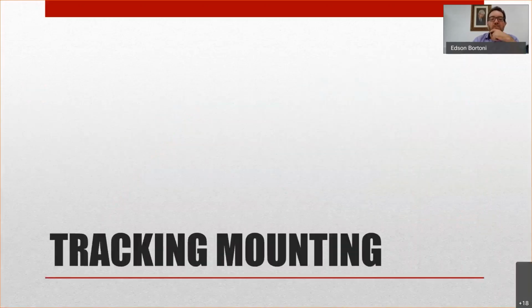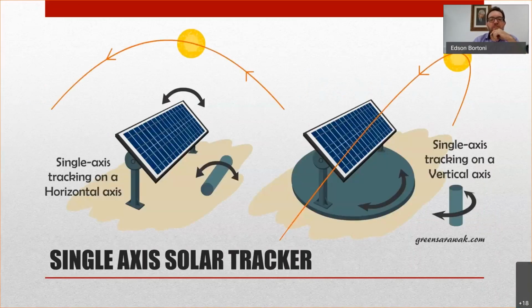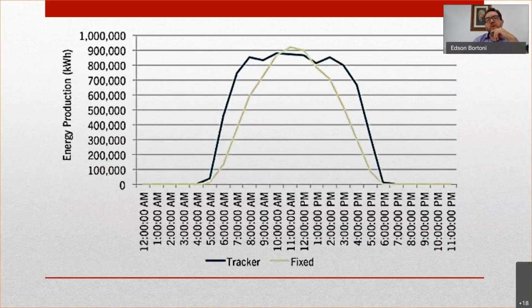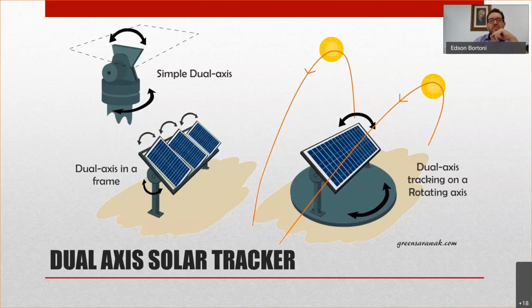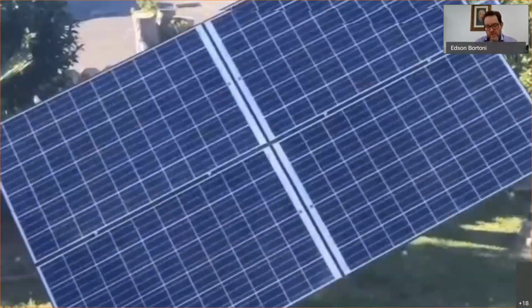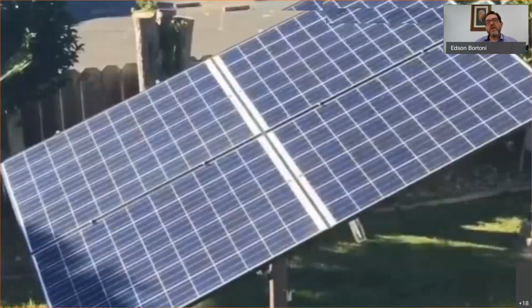And we have tracking mounts that we can use to get 30% more energy. You can have something like this, looking for the sun.